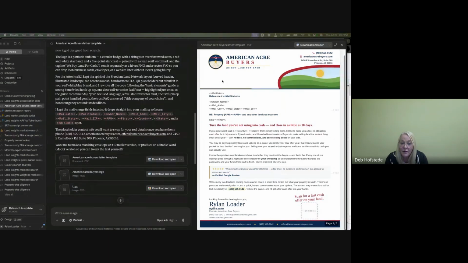Then love the QR codes on there. I just think that's a really smart thing. One thing we do a lot is that scan for fast cash offer on your land. Often we'll just do a little handwritten note there with an arrow. So it looks like you took the letter and actually wrote that and put the arrow there. We do a scribbly, hand drawn-looking arrow from the signature on the letter over to there.